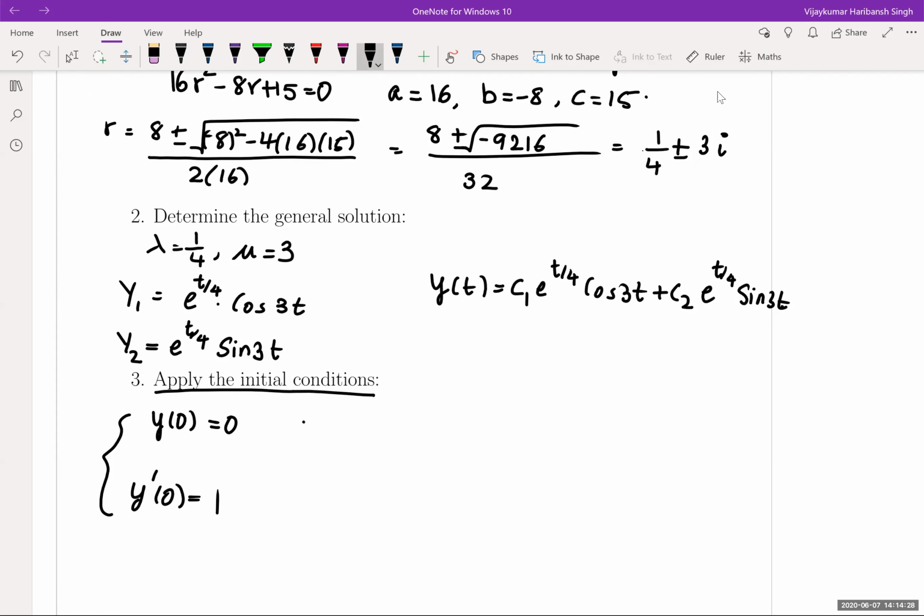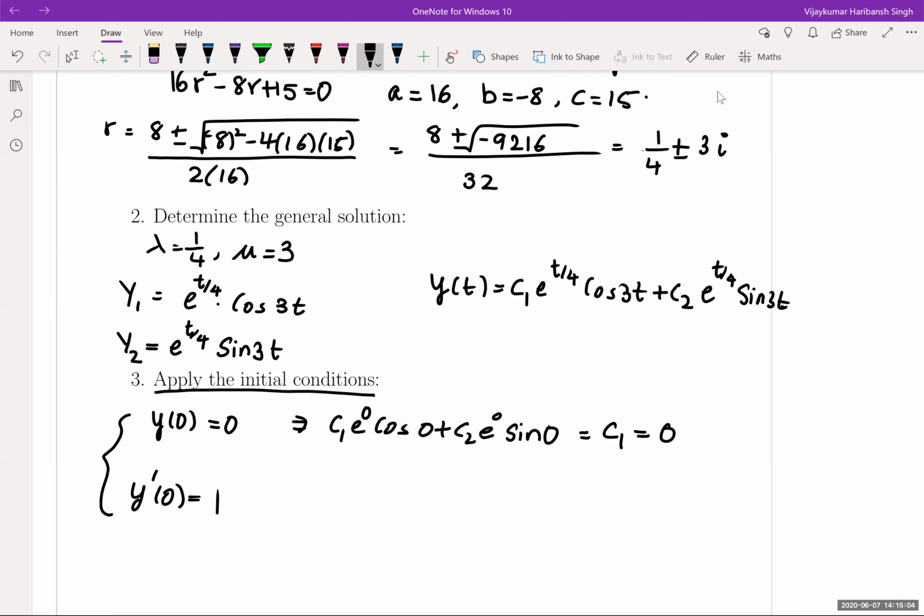So now this implies when I put 0 in this equation, I get C1 e to the power 0 cos of 0 plus C2 e to the power 0 sine of 0, which is going to be C1, because cos 0 is 1, e to the power 0 is also 1, but sine 0 is 0, so C1 equals 0.